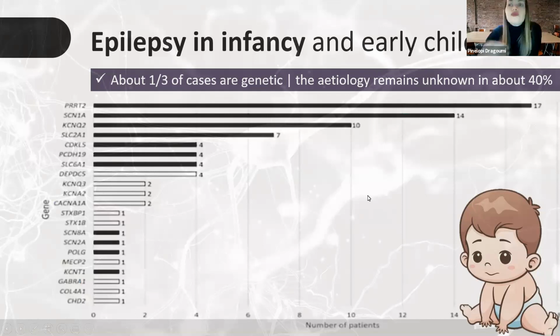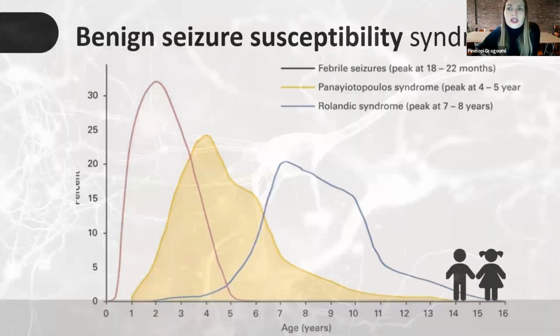And then we move on to this age group, mostly school-age children. And then we have this concept of the benign seizure susceptibility syndrome that Professor Panayiotopoulos, the late Panayiotopoulos, had coined.